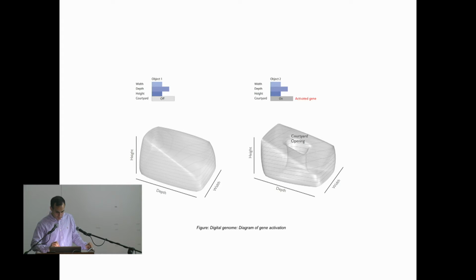So if we can produce now genes and we're able to now start manipulating them and activating them, we can begin to make variations within design. Here I've introduced a gene that basically cuts a hole into a cube, which begins to change the typology of the object and from an architectural point of view, from, let's say, a block into what could be perceived as a courtyard opening.